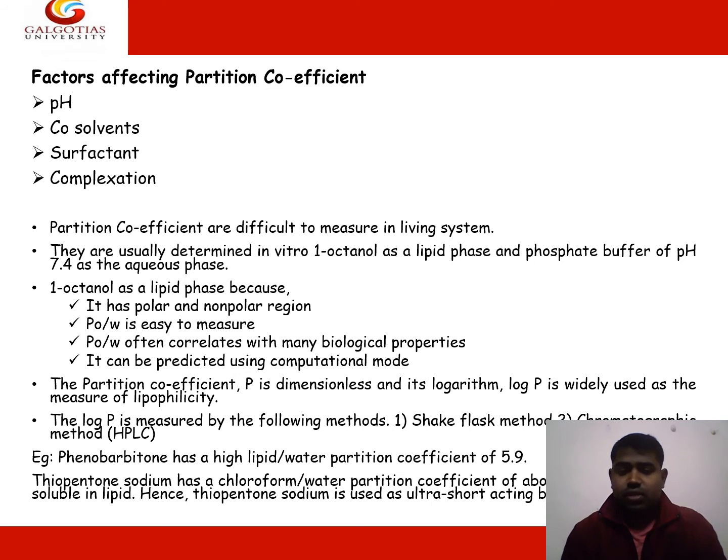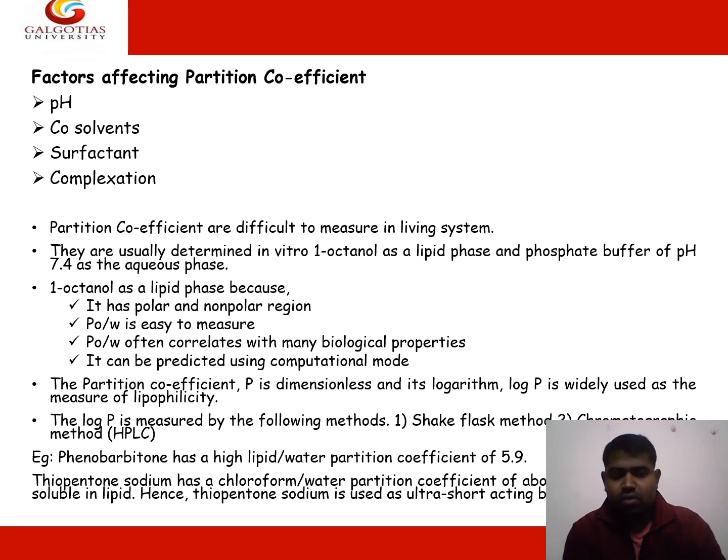They are usually determined in vitro using 1-octanol as the lipid phase and phosphate buffer of pH 5 or 7.4 as the aqueous phase. One of the major techniques adopted is the water to octanol ratio, and you can adopt this technique to measure any drug's partition coefficient. Octanol is used as the lipid phase because it has both polar and non-polar regions, and octanol and water is easy to measure.